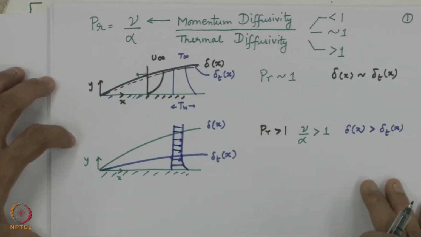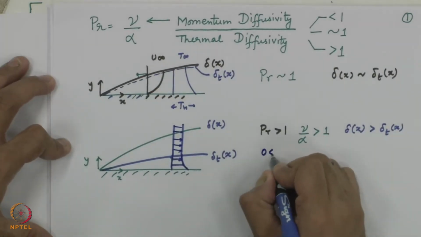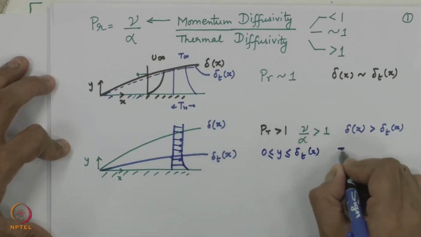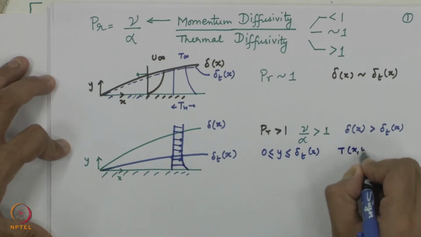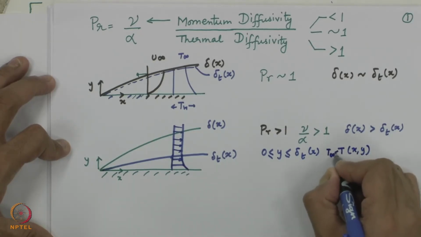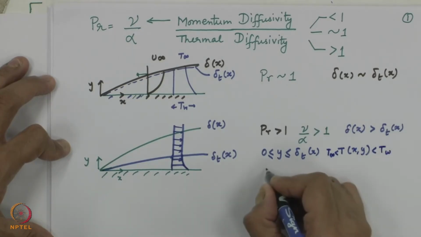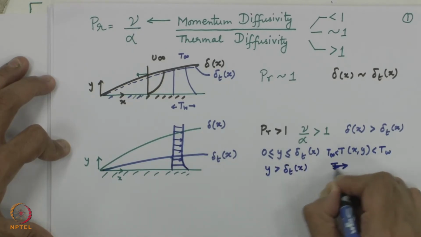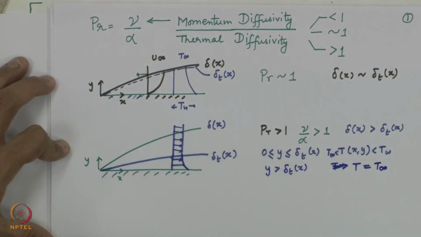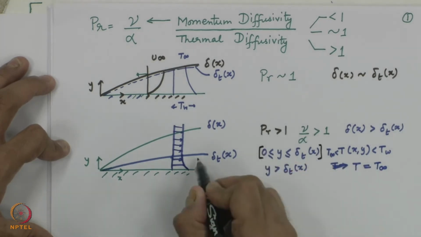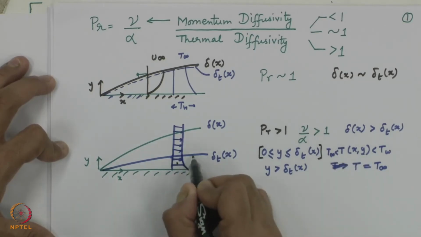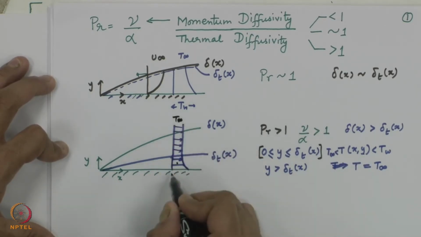So for 0 less than or equal to y less than or equal to delta t of x, T of x comma y is between T infinity and T wall. For y greater than delta t of x, T is approximately equal to T infinity. Is that clear? For this portion, T local is between T infinity and T wall.